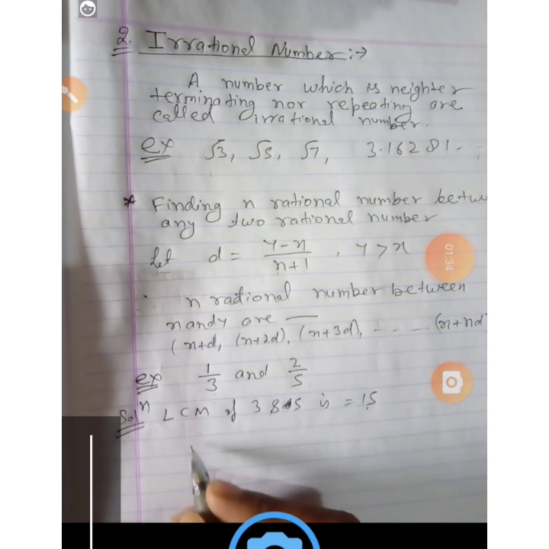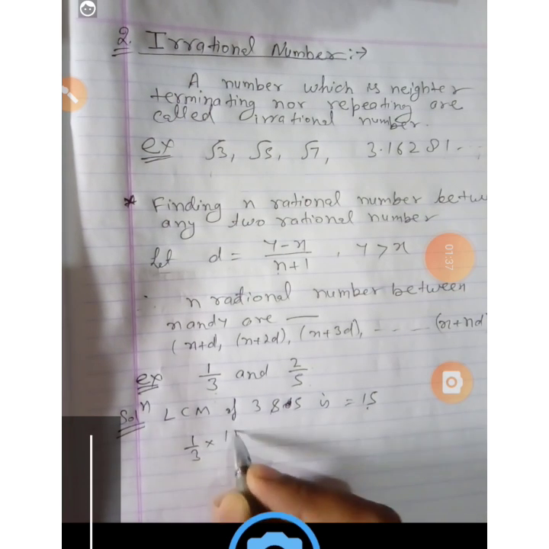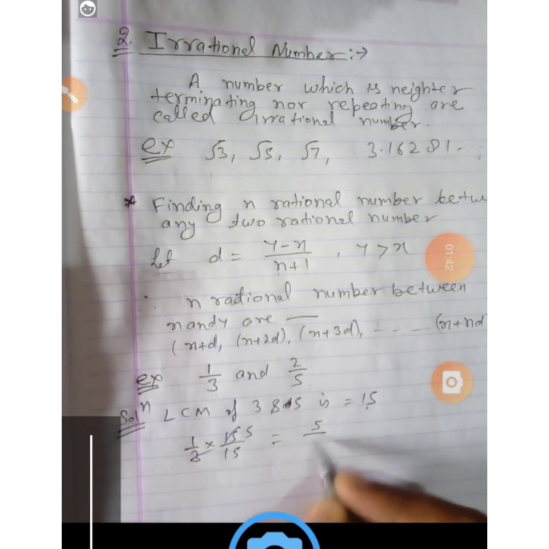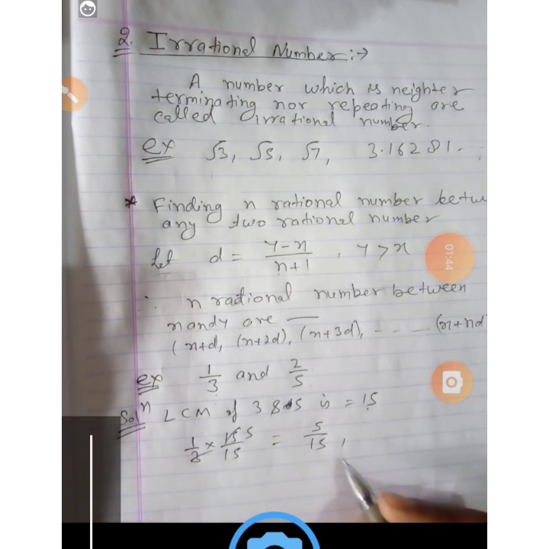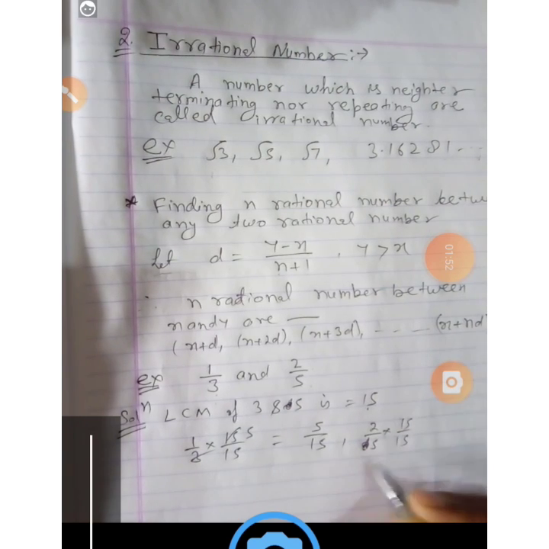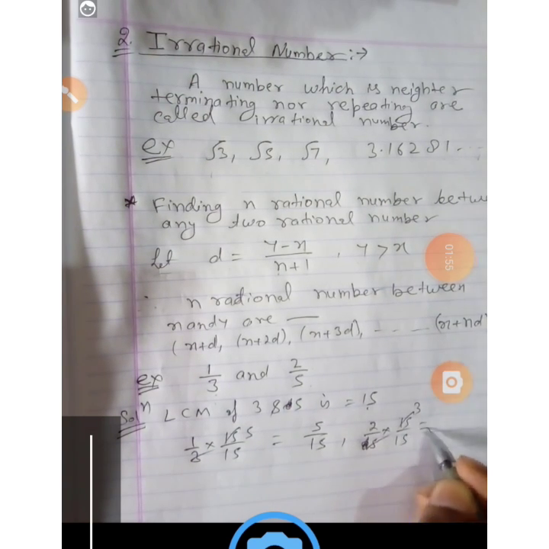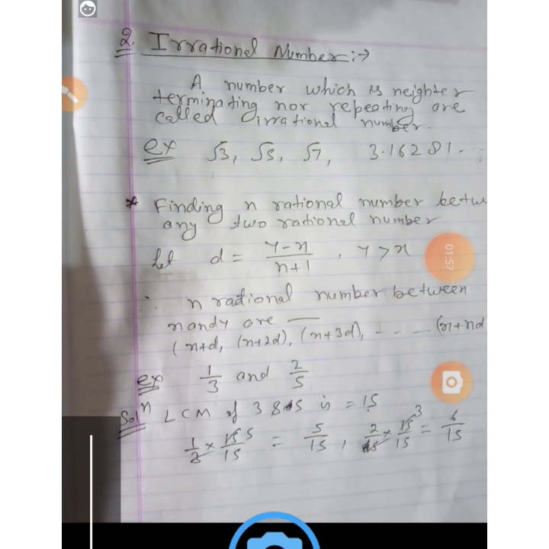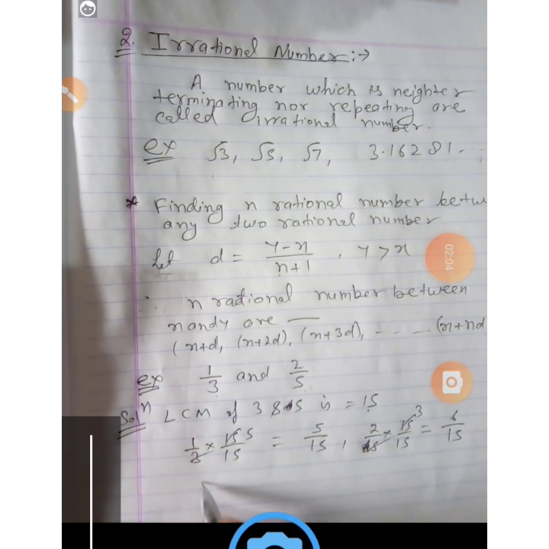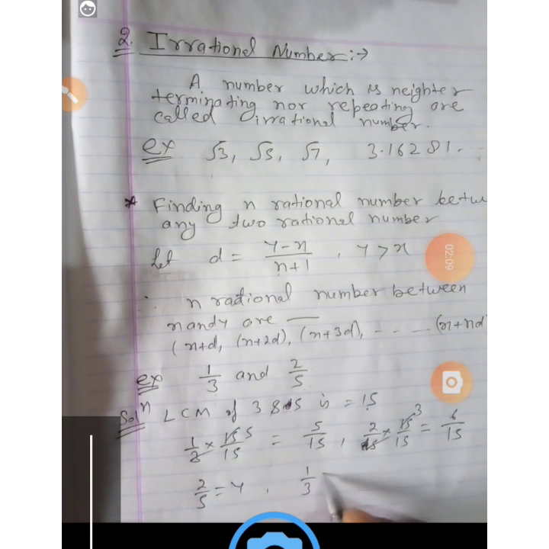So 1 by 3 multiplied and divided by 5 gives 5 by 15, and 2 by 5 multiplied and divided by 3 gives 6 by 15. So 2 by 5 is greater than 1 by 3. So we take 2 by 5 as y and 1 by 3 as x.